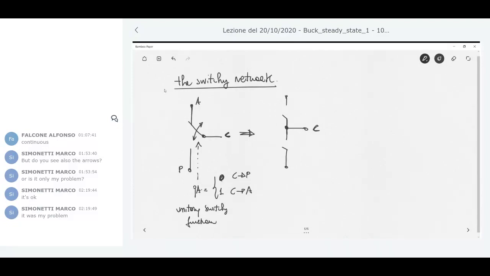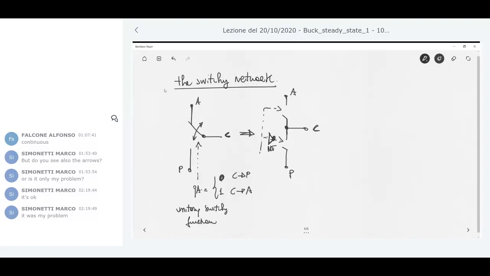We have the active node here, you have the passive node here. Now I need two unitary switching functions because we have two switches. Okay, but if I use, let's say this is a logical inversion, the NOT. This is a logical signal QA, so it can be inverted.